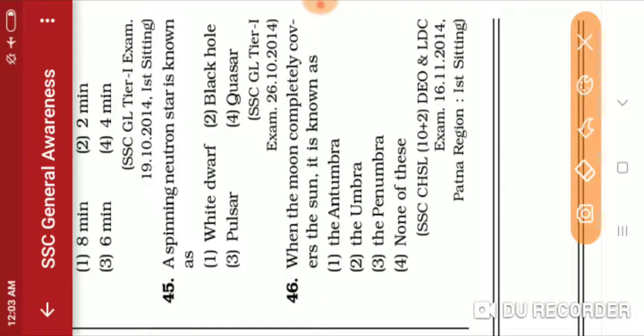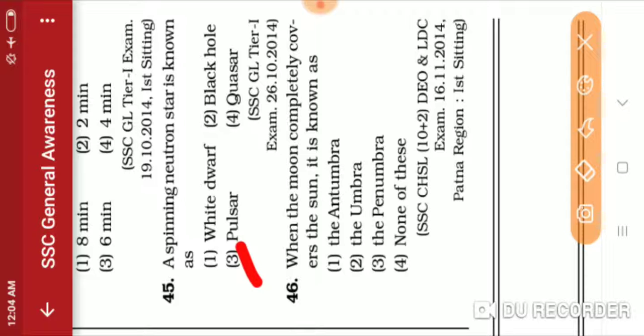A spinning neutron star is known as, I told you, it spins very fast, that means pulsar. Like a vehicle moving very fast, a pulsar spins very fast. So a spinning neutron star is known as pulsar. Okay. Next question.